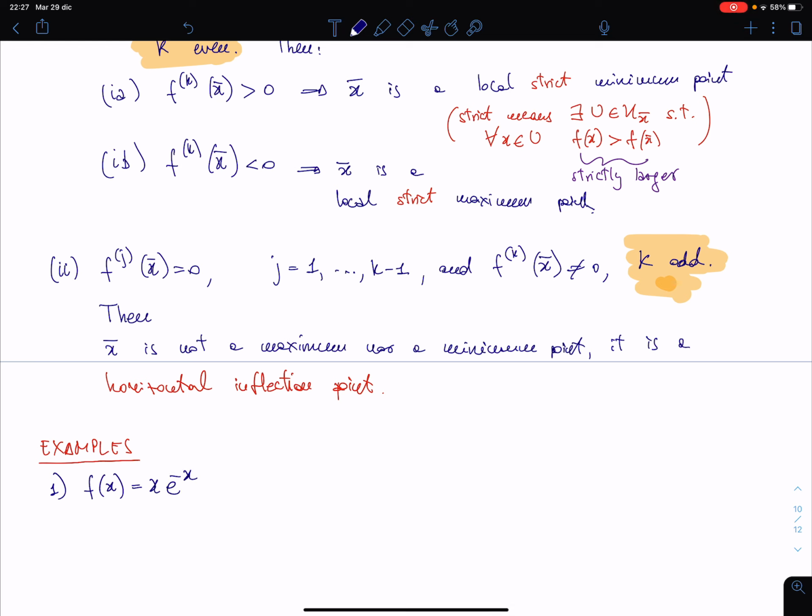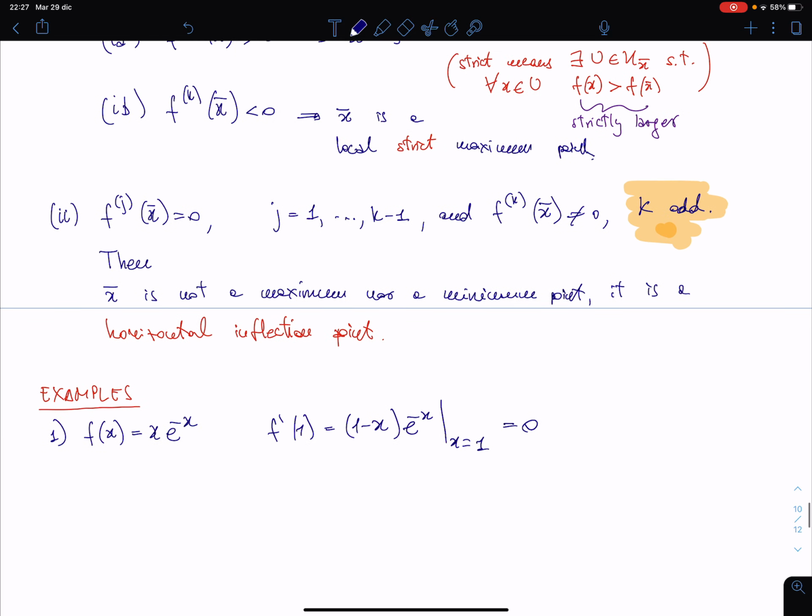We saw that f prime of 1 is equal to the value of the derivative (1 minus x) e to the minus x evaluated at x equal to 1, and this is equal to 0. So x bar equal to 1 is the only critical point to be discussed.